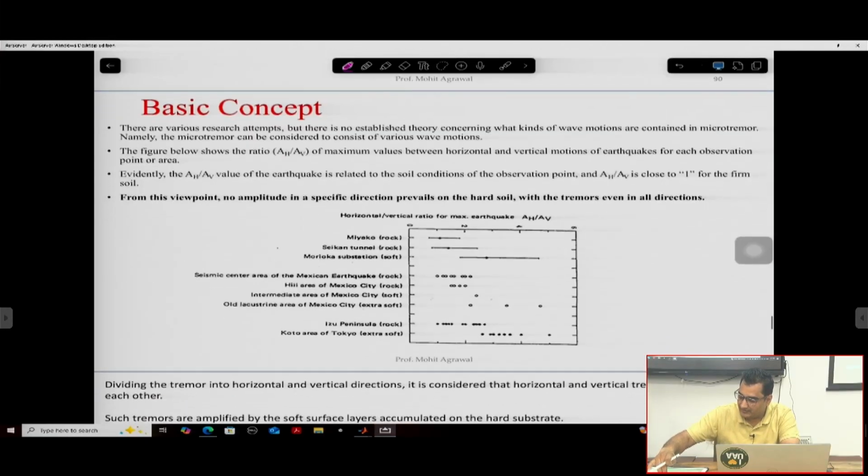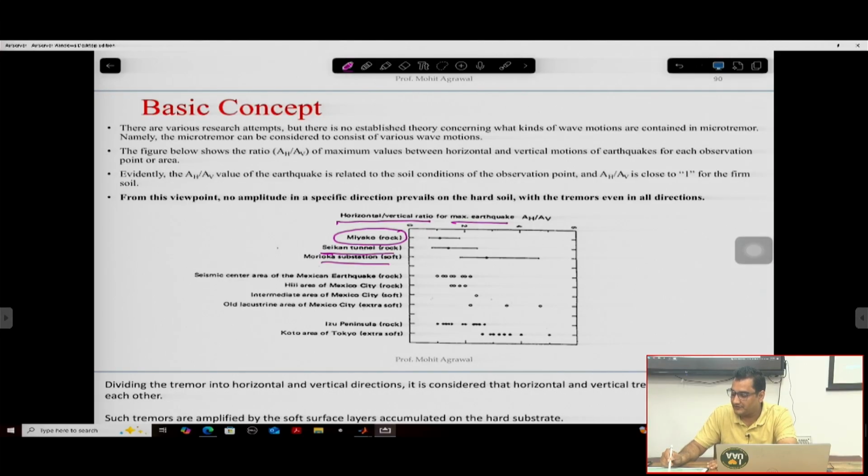Now look at this particular diagram they plotted in this paper. They basically plotted the horizontal to vertical ratio for the earthquakes, the maximum peak of the horizontal to the vertical ratios. So what will you observe? They have recorded these earthquakes at these particular sites.